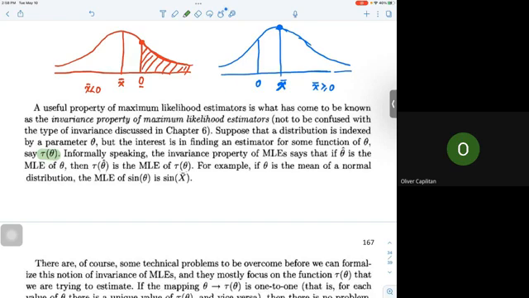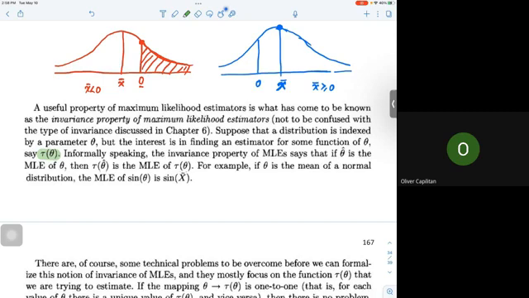So informally speaking, the invariance property of the maximum likelihood estimators says that if theta hat is the maximum likelihood estimator of the parameter theta, then tau of theta hat is the maximum likelihood estimator of the function of the parameter tau of theta.